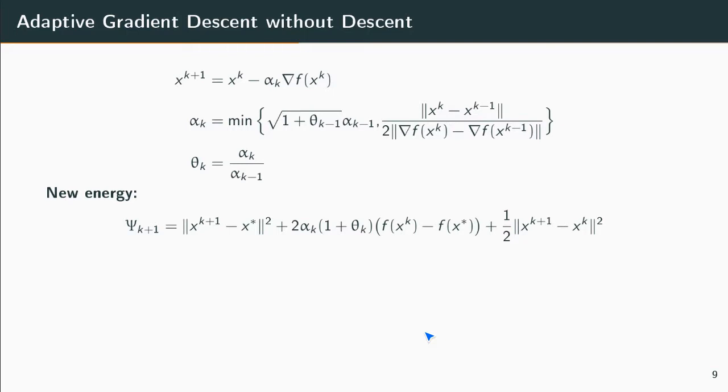You construct some energy and show that along the iterates of your method, this energy doesn't increase; it either stays the same or decreases. So in this case, we construct some strange energy, ck plus 1, quite different from what is common in the optimization area.